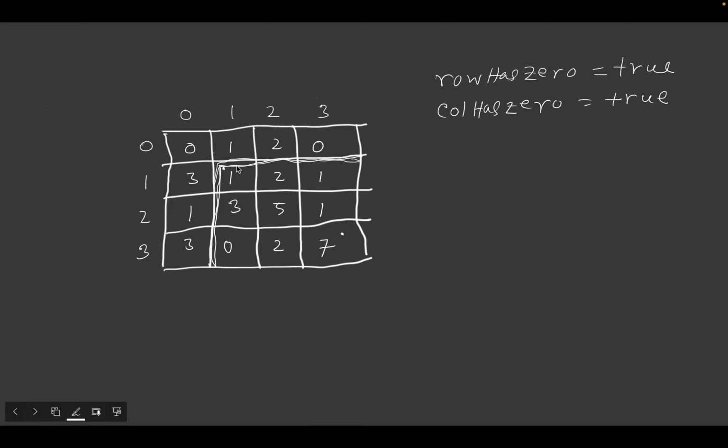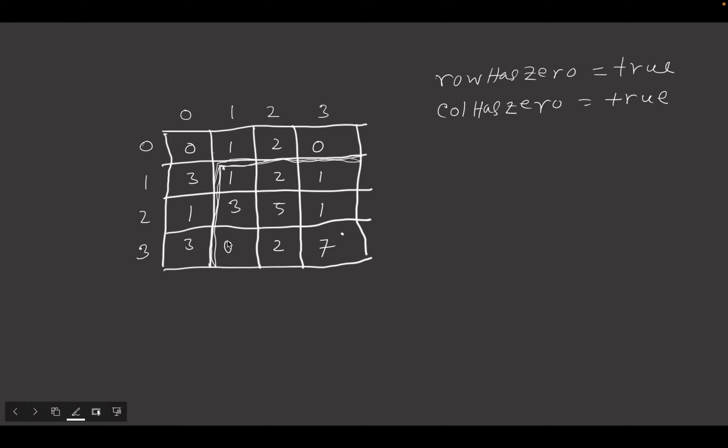Now we'll move one by one. First we have 1, then 2, then 1, then 3, then 5, then 1, then 0.